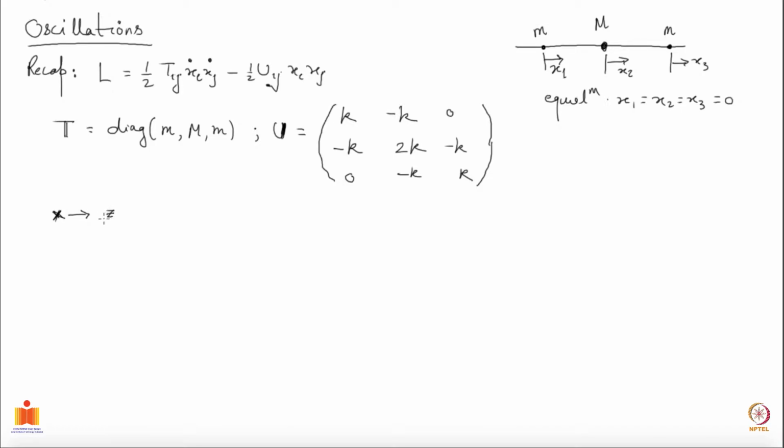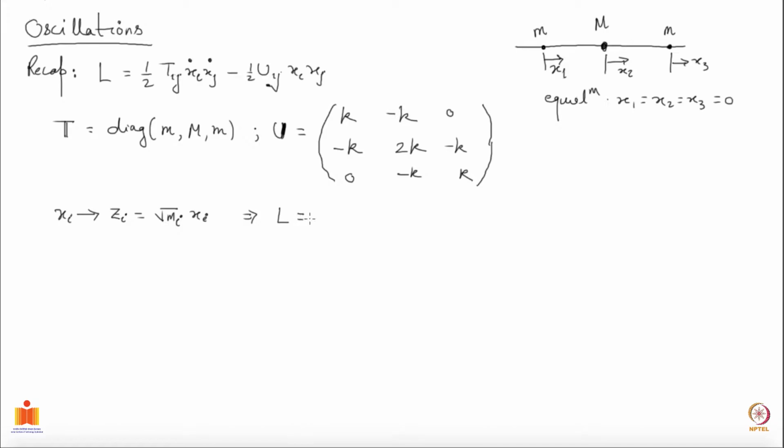let me write the components here, or maybe I should write the components of the x. So xi, this is same as before. Let me write it again. Xi, if I do the transformation, that instead of xi I start using zi's, which are related to the xi's by this transformation. So you just absorb the square root of mass in the corresponding x, and that is the definition of z. If you do so, then your Lagrangian becomes the following.